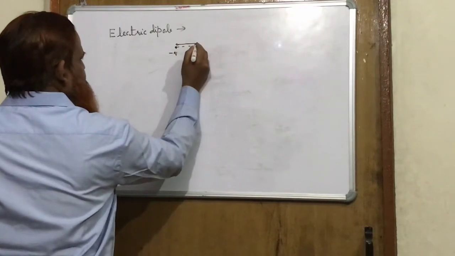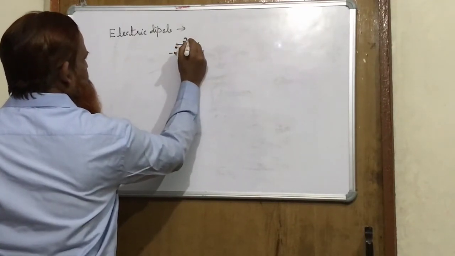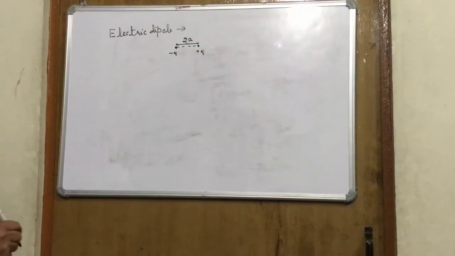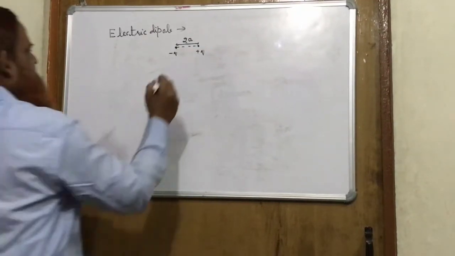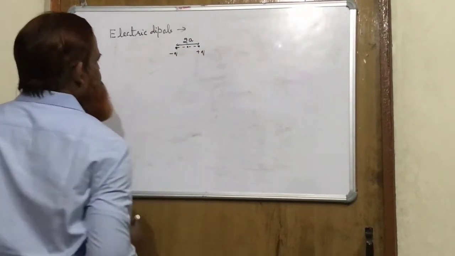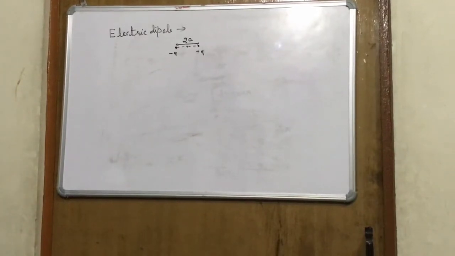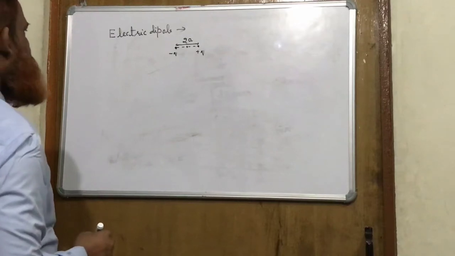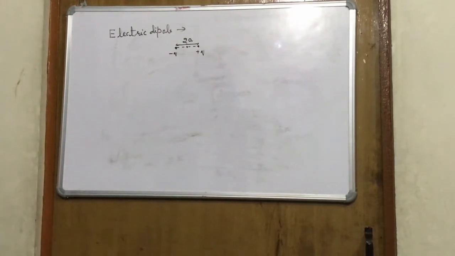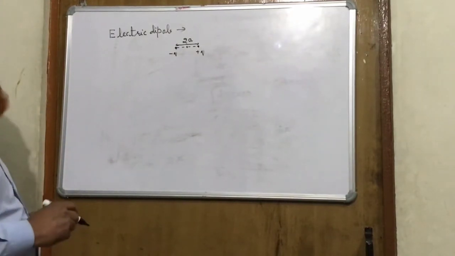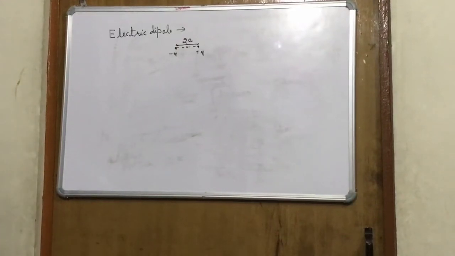This distance is considered as 2a. The midpoint of the dipole is called the center of the dipole. The net charge on the dipole is 0. And the direction of the dipole is from the negative charge towards the positive charge.